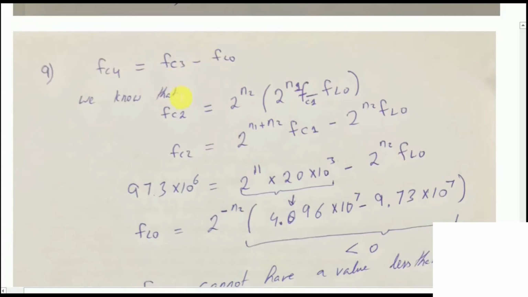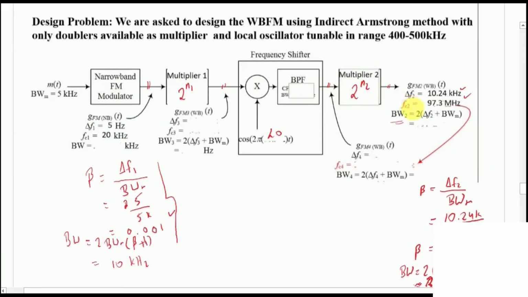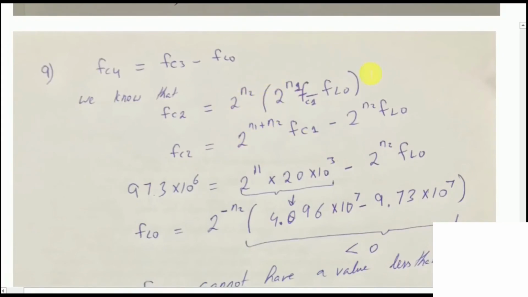So this says that we can revisit this whole problem from the end, from the wideband FM, and which says that our carrier frequency at the output of narrowband FM is equal to 2 power n2, or the second multiplier, multiplied by all of these blocks, right? The second multiplier is multiplied by all of this. So this is expressed over here. 2 power n2 is multiplied by the rest of the blocks.